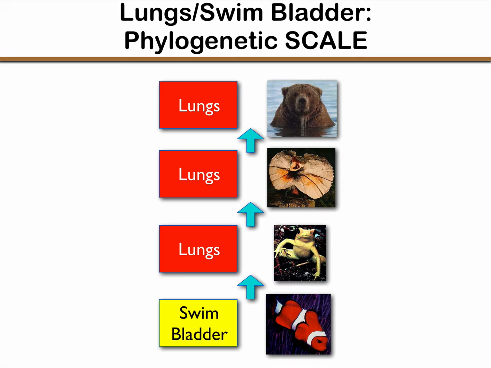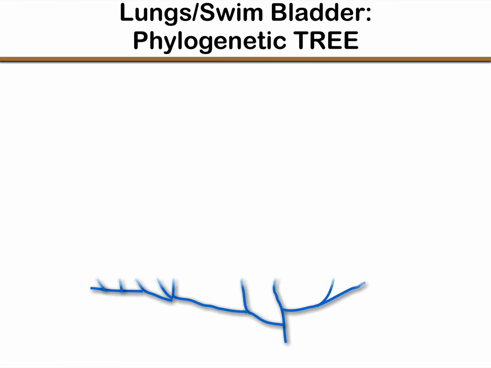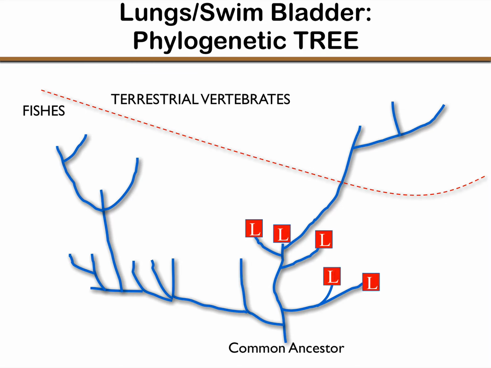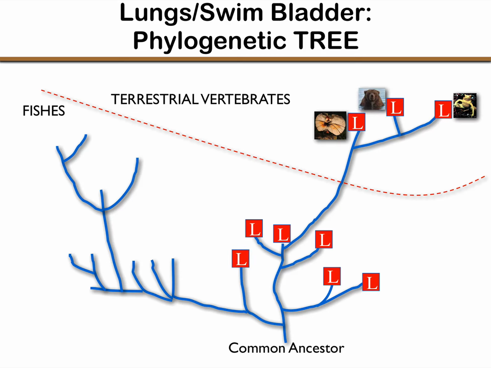I mean, people would generally say that fish are less complex than amphibians, amphibians are less complex than reptiles, reptiles less complex than mammals, and of course I'm missing some groups in between like birds. Anyway, this would be wrong, because if you look at what we do know about the phylogenetic tree involving lungs and swim bladder evolution, so here we have terrestrial males up above that dashed line, some other forms that are not fish that are below that dashed line that are not necessarily solely terrestrial.